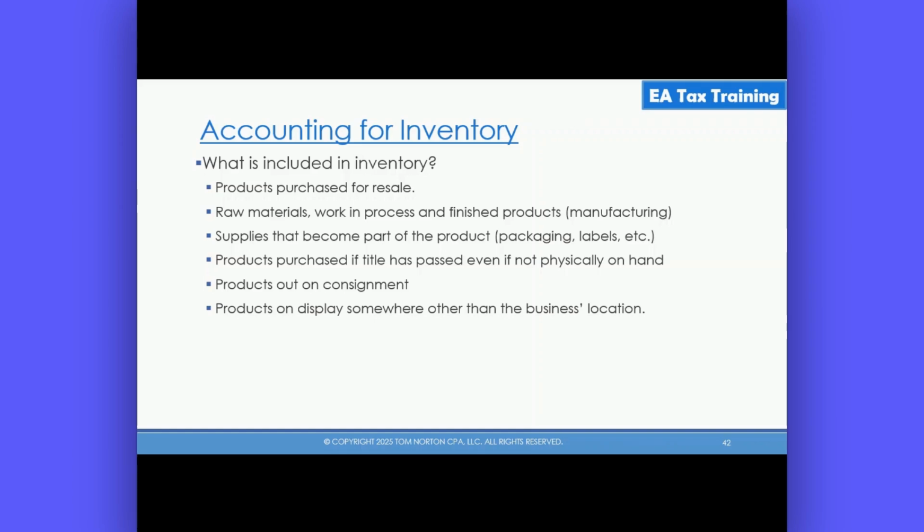Still belongs to you. If it doesn't sell, it's coming back to you. So that is included in your inventory. And also products that are on display somewhere other than the business's location. So maybe for advertising purposes, you've got one of your products on display somewhere at the local mall or something like that. Still belongs to you, still included in your inventory.